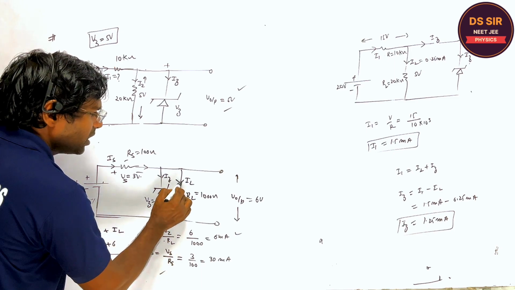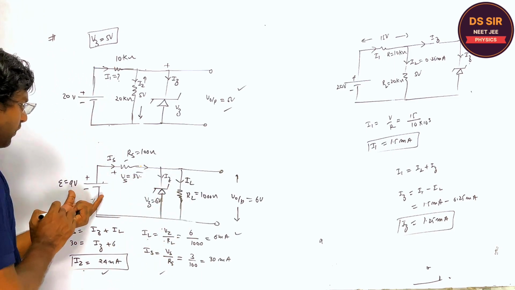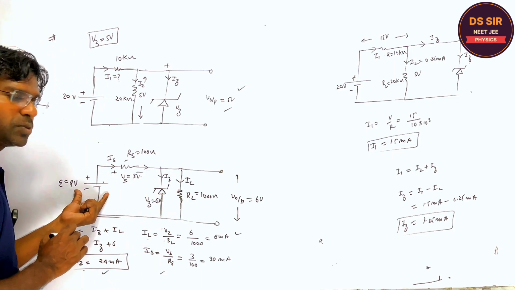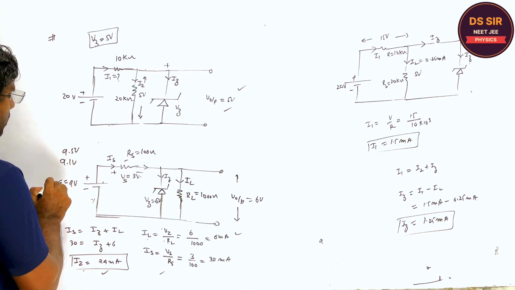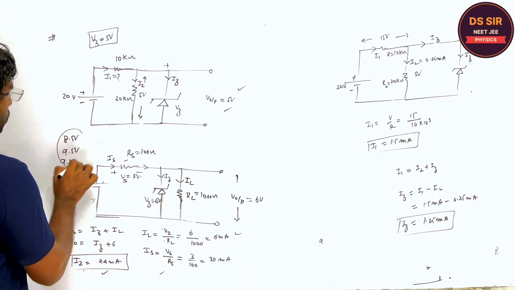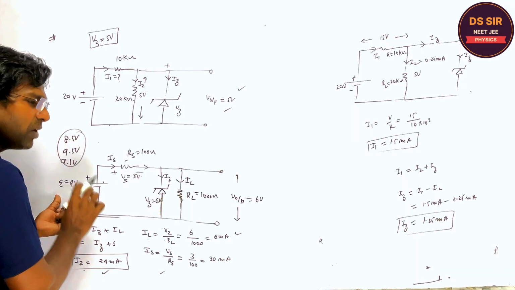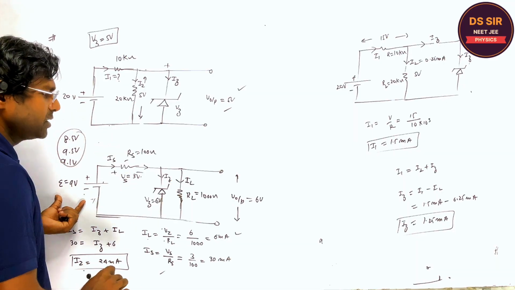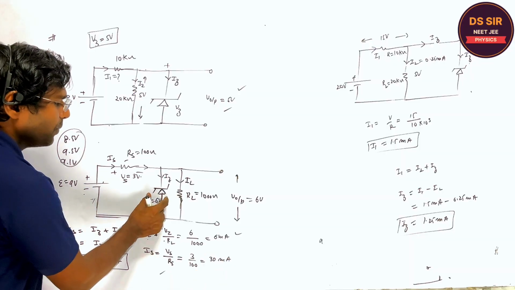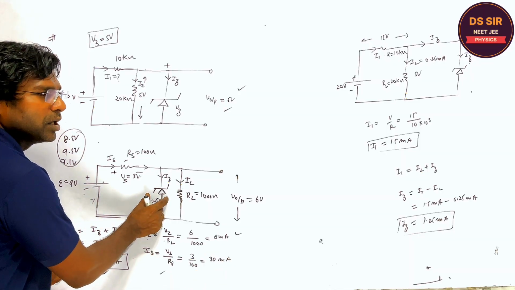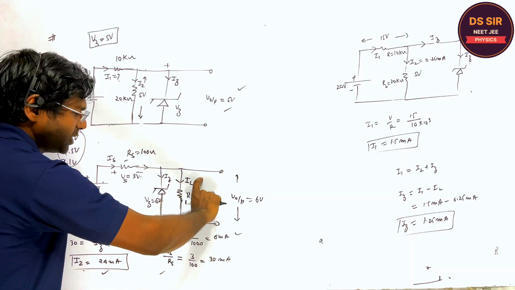So this current will not change even if there is a fluctuation in this voltage, even if it is 9.1 volt or 9.5 volt or 8.5 volt. So if this input voltage fluctuates for some reason, the current in the load resistance does not change because of this Zener diode, and therefore there is a fixed voltage across this.